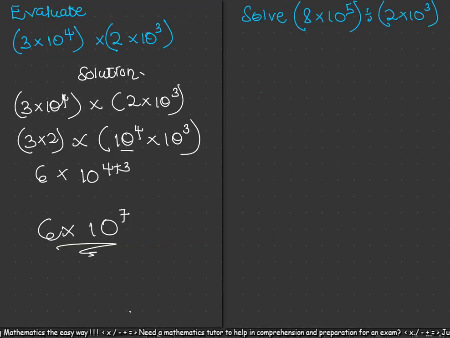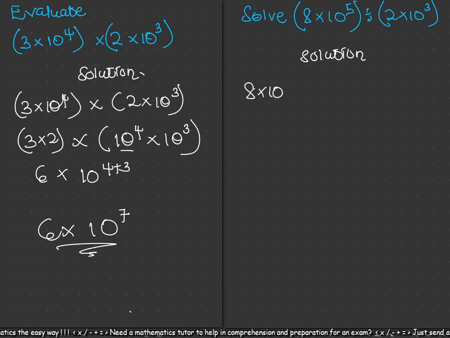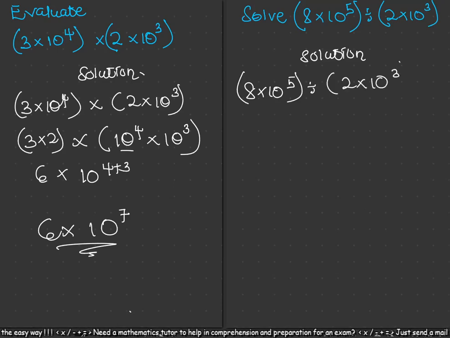Looking at our second question, unlike the previous one, we are actually dividing. And if we want to divide, just as we did for the multiplication, we follow the same procedure. So we have 8 times 10 raised to the power 5 divided by 2 times 10 to the power 3.